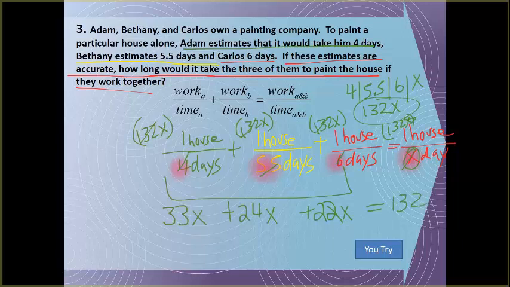If I add these all together, I got 79x, and that equals 132. And I divide, I got x is equal to 1.67. So again, one of the reasons why you want to get into the swing of things is making sure you know where this occurs: 1.67, it would be days. Your units are going to be part of your points, so you need to make sure you know that.